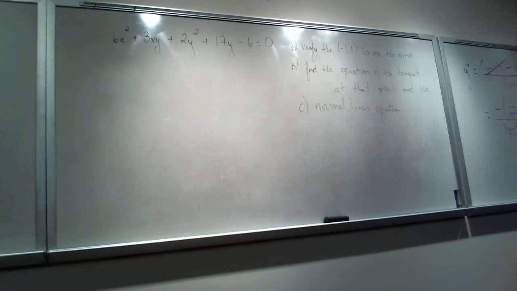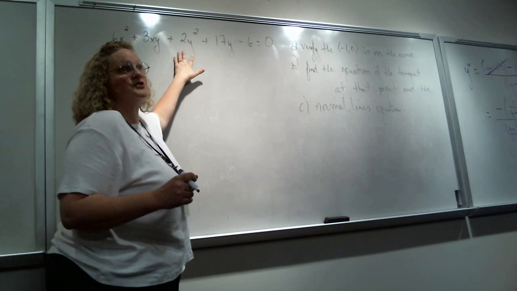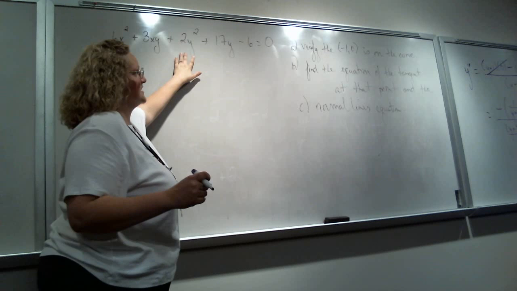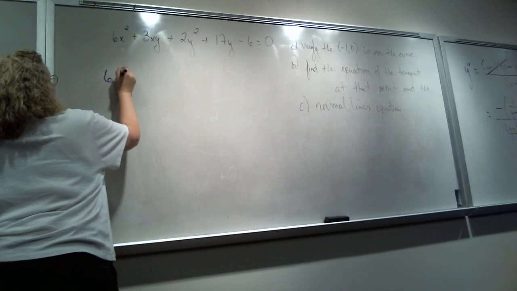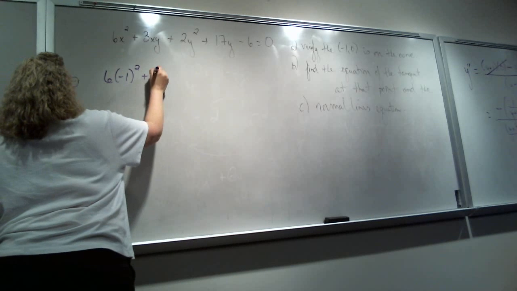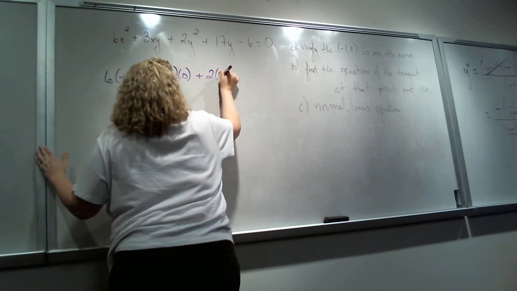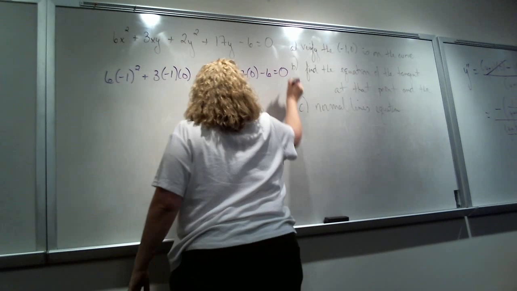So when I ask you to verify that a point is on the curve, what does that mean? Absolutely, that when I replace x with -1 and y with 0, it had better equal 0, right? If it's not, then we can't do any of those things. So 6 times -1 squared plus 3 times -1 times 0 plus 2 times 0 squared plus 17 times 0 minus 6 is 0.